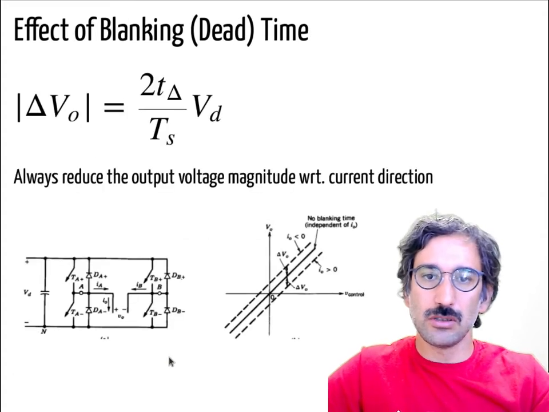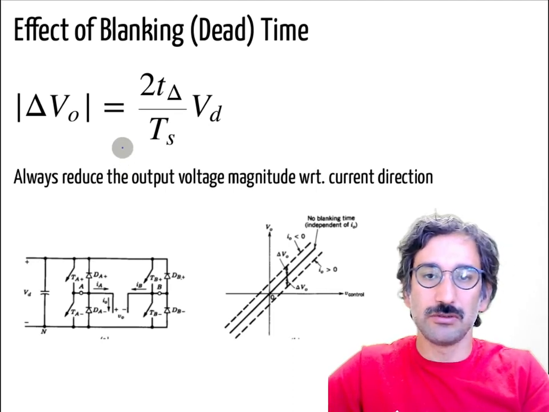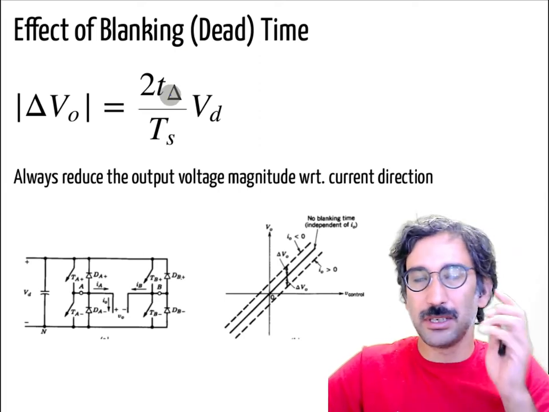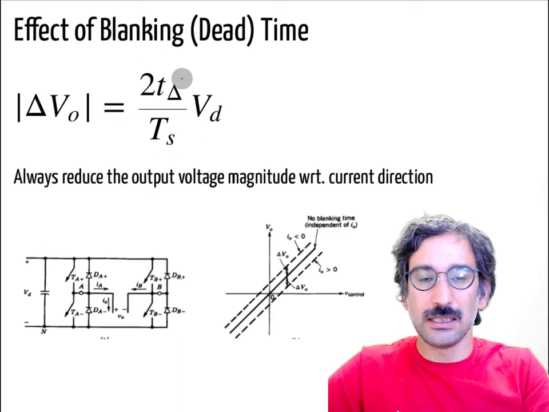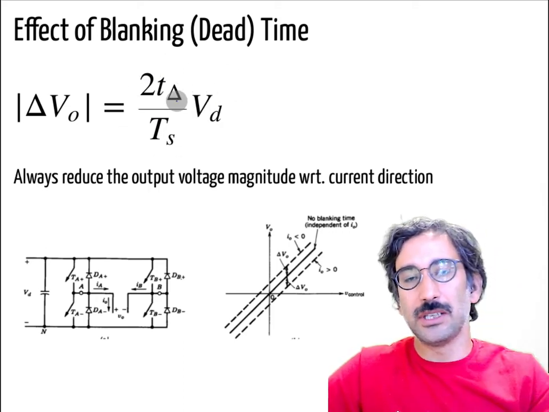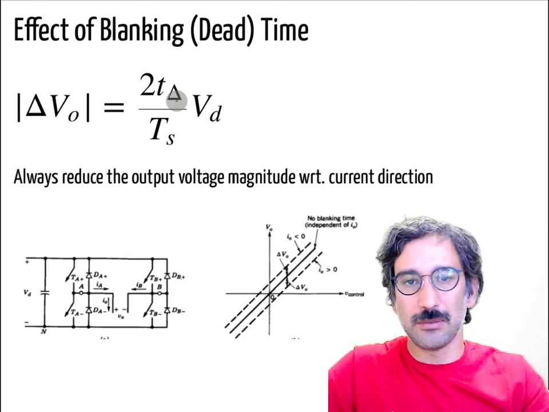Usually the ratio of that portion can be calculated as 2 times that time, because it happens on both turn on and turn off, divided by TS and multiplied by VD, which is the reduction in your output voltage due to that time.